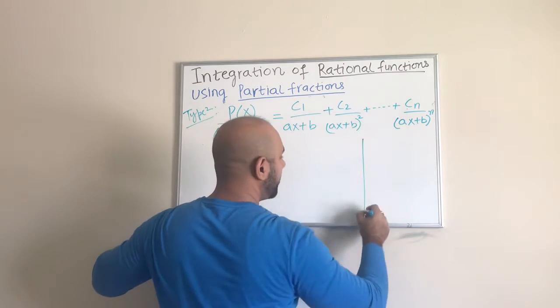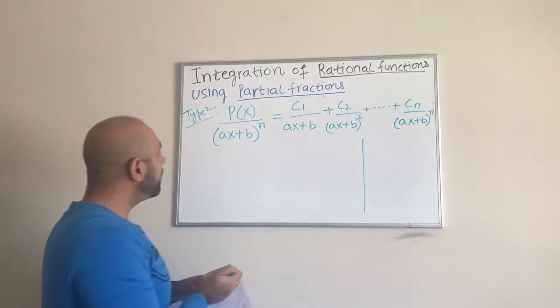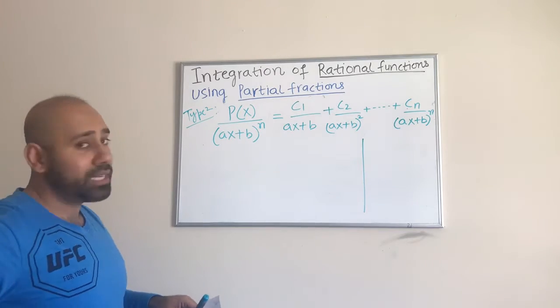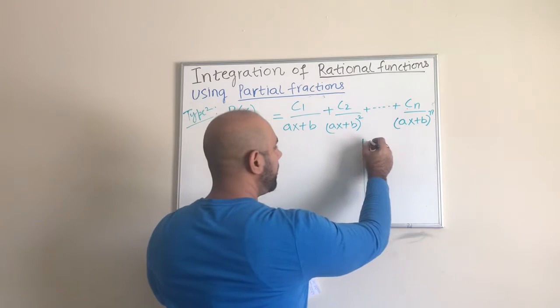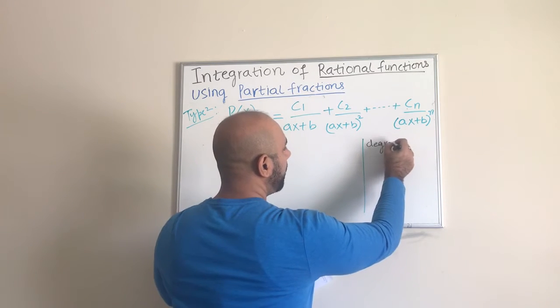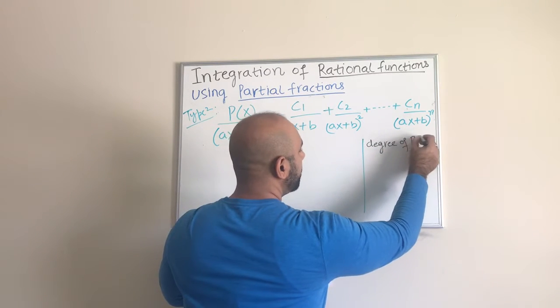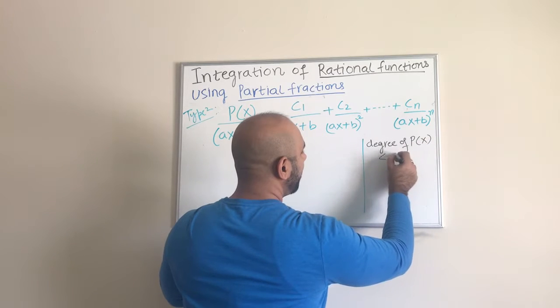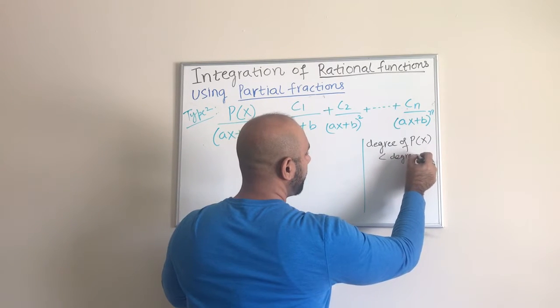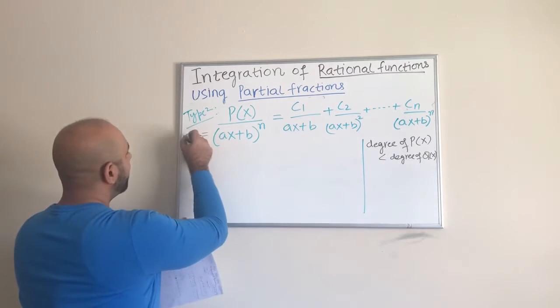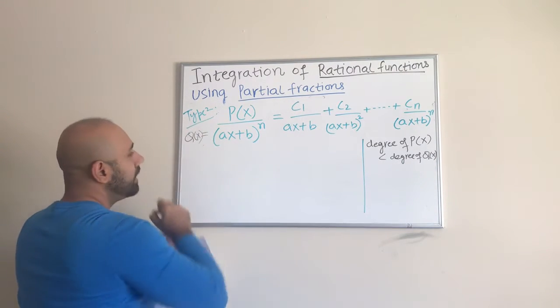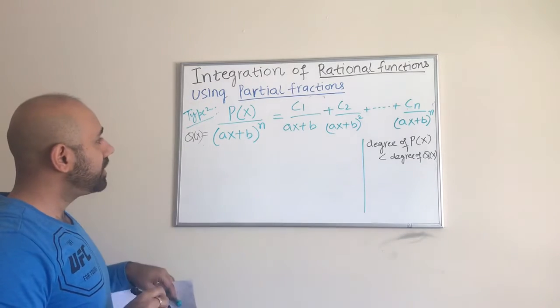So again, the degree of the numerator should still be less than the degree of the denominator, and that was the same thing for our type 1. So the degree of the numerator should be less than the degree of the denominator. And let us call the denominator q(x), okay? That is the first condition that this should satisfy.